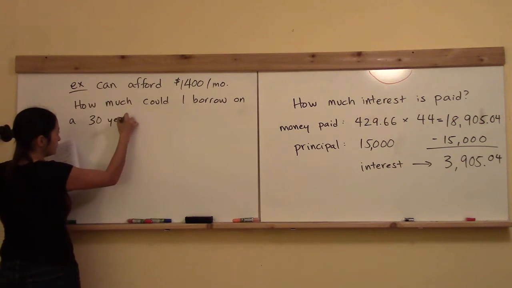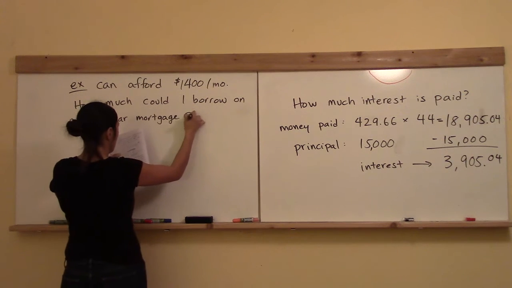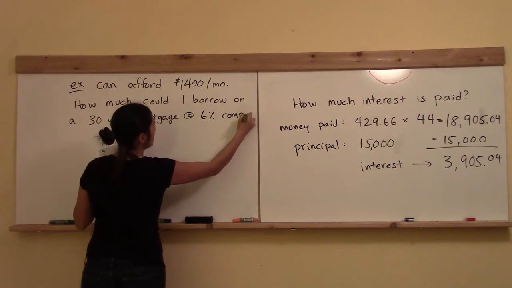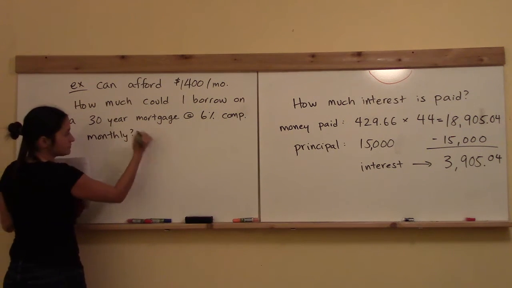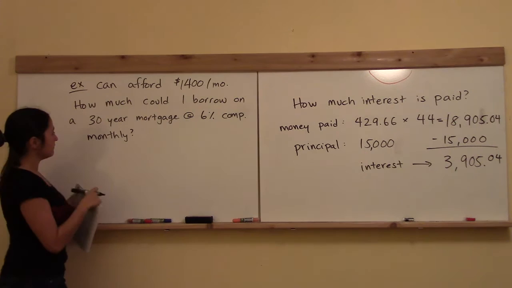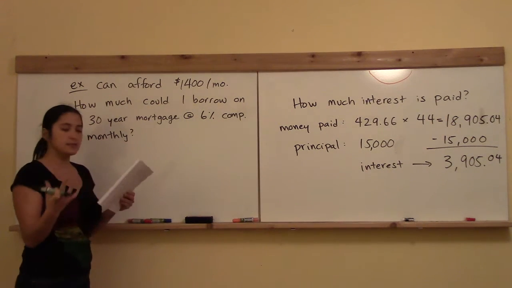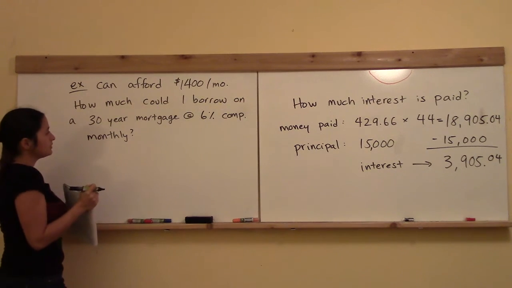Let's say I looked up a 30-year mortgage, and the deal with that was it was compounding at 6% compounded monthly. Okay, so that means that I have to pay a certain amount for 30 years in a row at 6%. What is the amount of money that I could actually afford? Then I could start shopping for a house.